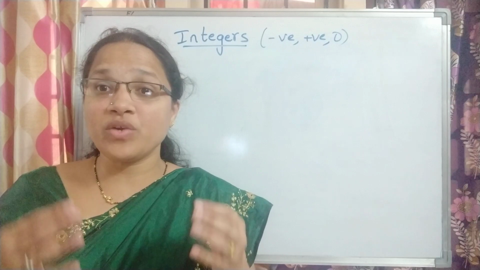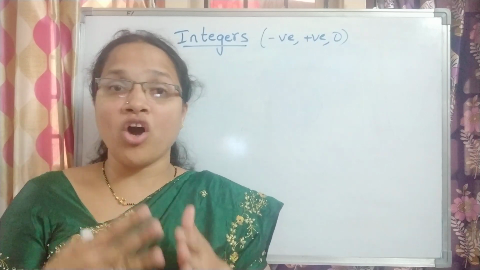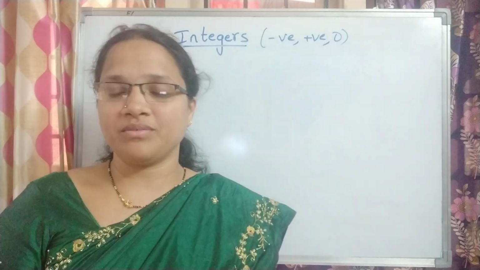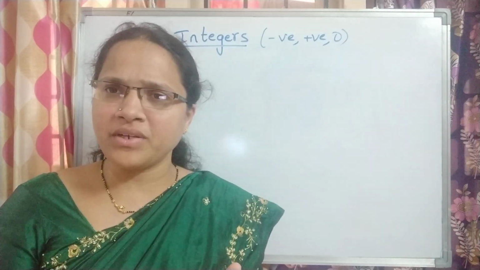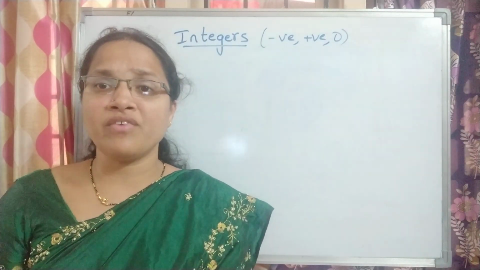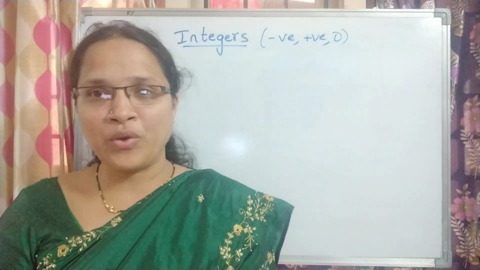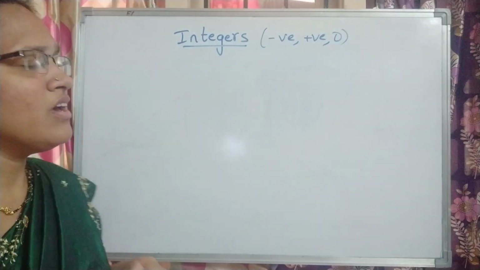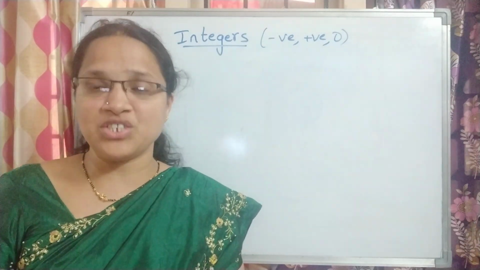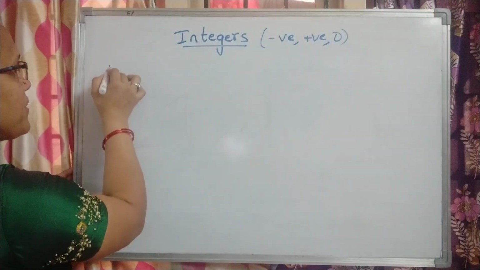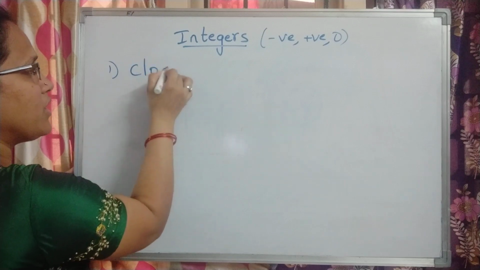Properties are those which will guide you, like formulas, on how to do it. If you follow certain properties, certain problems will be solved very fast and very easily. Now let us see what those 4 properties included in this chapter of integers are.